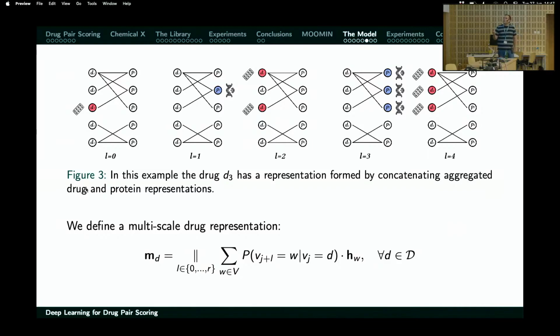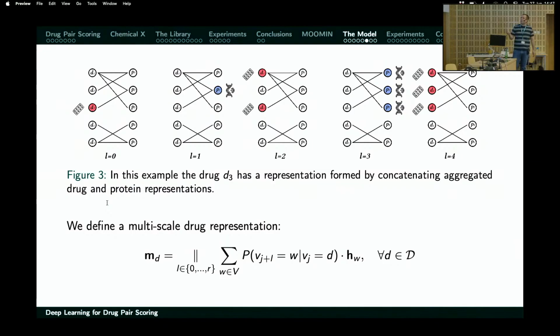And then what you can do is that, let us say that you have been able to obtain a representation for all of the entities that you have, both drugs and proteins that are both part of this set V. Then you can concatenate the representations that you get at various scales.